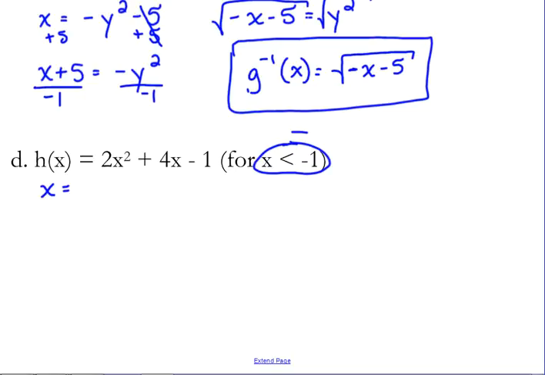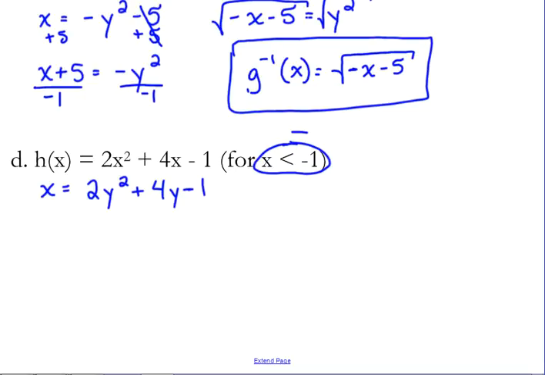Okay, when we switch x and y here, can we isolate y when it looks like that? No, we can't. I've had lots of people try, but you can't because you have y squared and y. We cannot get y by itself in this form.